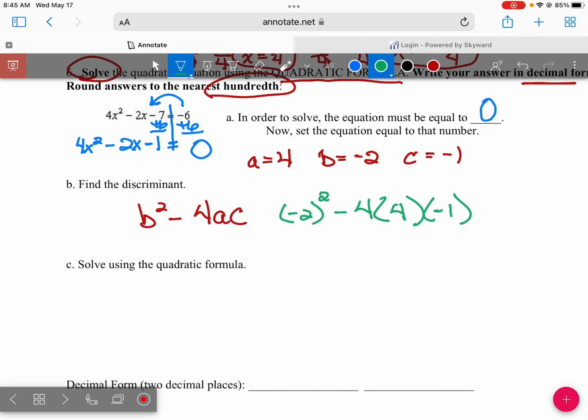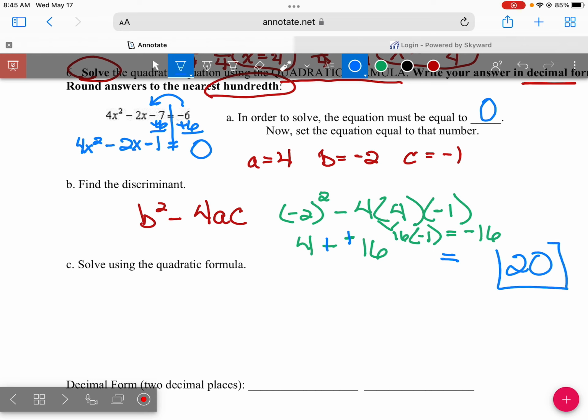Negative 2 squared is 4, minus 4 times 4 is 16, and 16 times negative 1 is negative 16. So I'm going to subtract a negative 16, but I know we can't have that double negative. So I'm going to add the opposite. So 4 plus 16 is 20. And that is your discriminant. Okay.